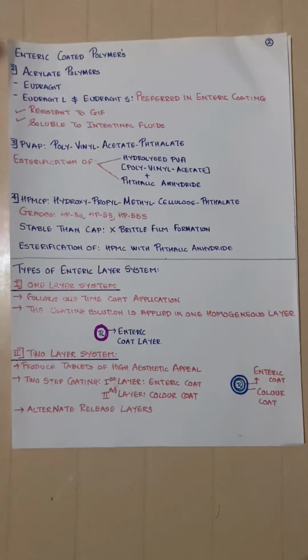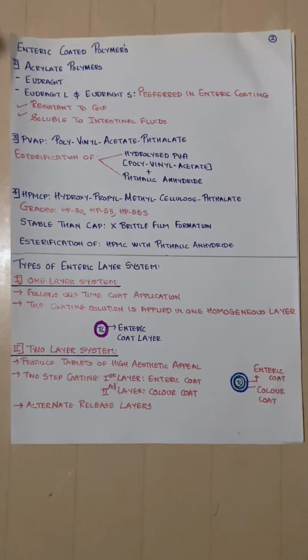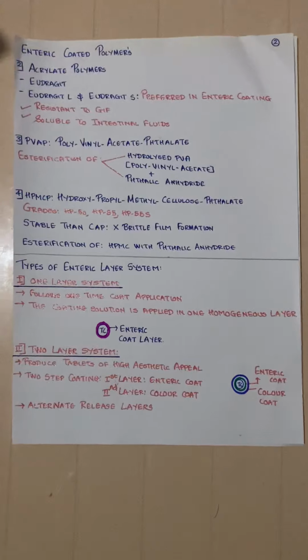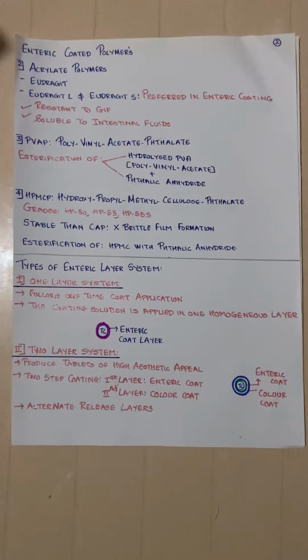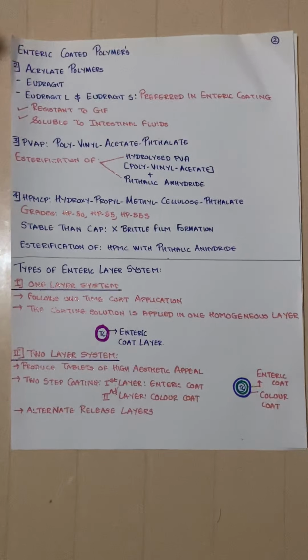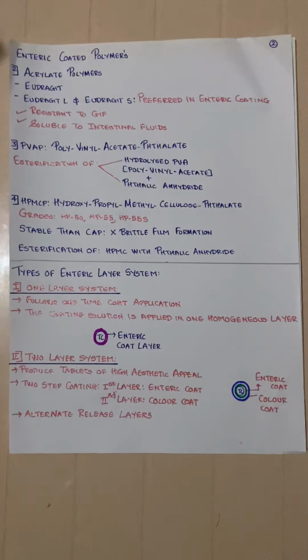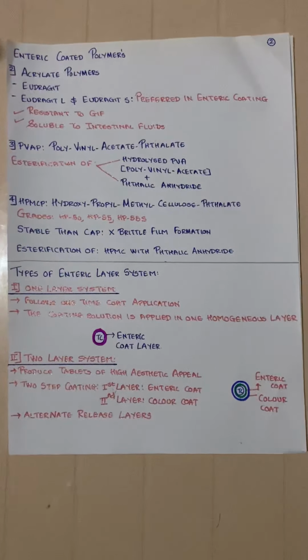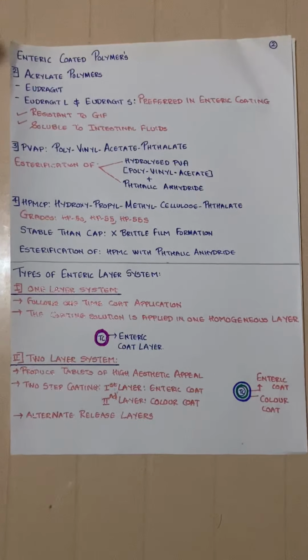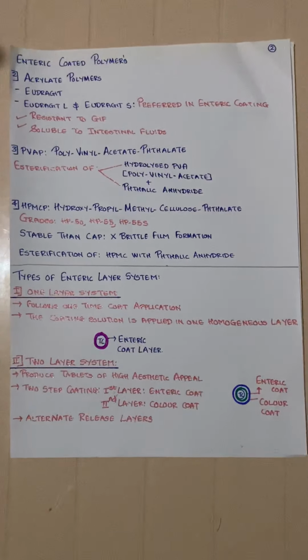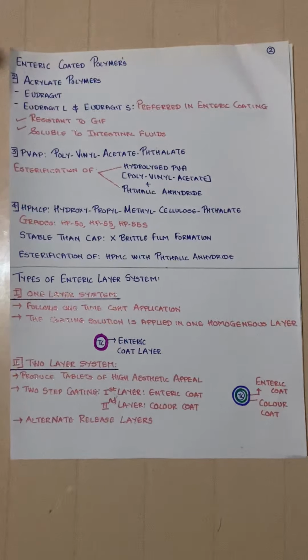Therefore, it follows a one time coat application. So in simple words, you take your uncoated tablets, you make a polymeric solution and you spray the polymeric solution over the tablet surface. So the coat is applied once, therefore the word one layer system.